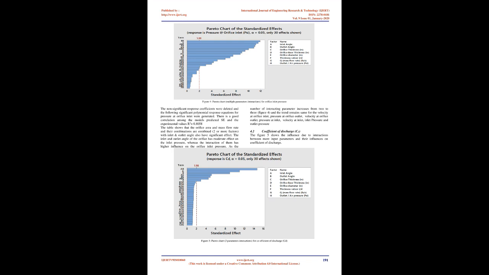Based on the results obtained for pressure at orifice inlet, the response polynomial coefficients were determined in order to evaluate the statistical significance for each coefficient or response using Pareto charts, Figure 4. All coefficients with a t-value of 1.98 or above were considered significant. Table 2, orifice inlet pressure.